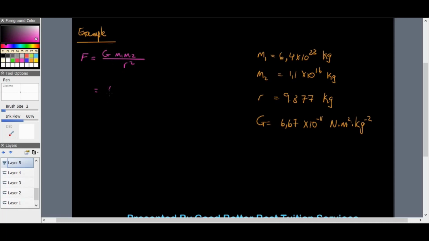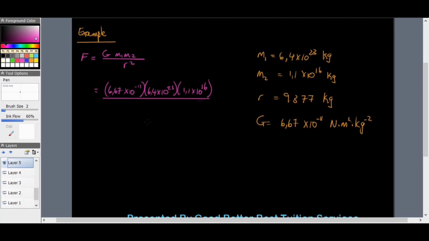What do we have? 6,67 times 10 to the negative 11, brackets, to make my work look neat. 6,4 times 10 to the 23, brackets, 1,1 times 10 to the 16. Now, if you decided to use 1,1 times 10 to 16 first, and then times 6,4, it doesn't matter. It all depends on how you wanted to define your objects. Ultimately, the product of them is still going to happen.